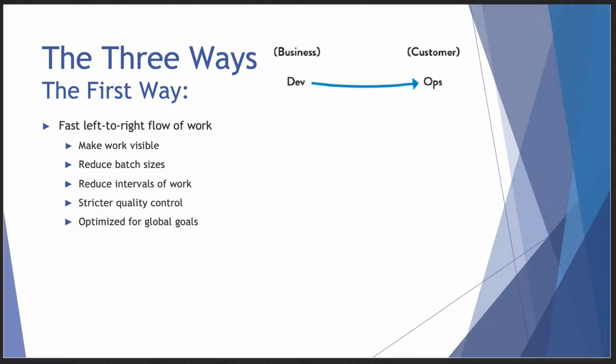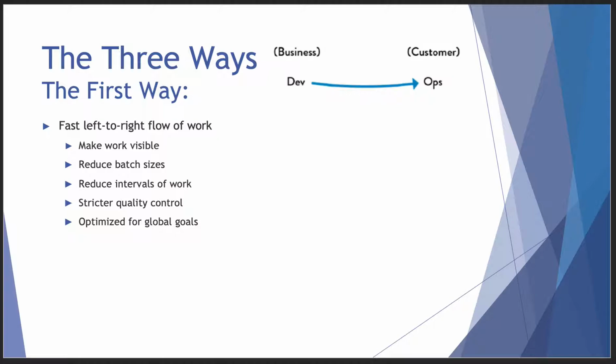And we want to reduce batch sizes, which, in the case of software development, is to implement a continuous deployment strategy so that the changes and enhancements you make are deployed directly and quickly into production without too much of a wait. And that also will reduce your intervals of work.